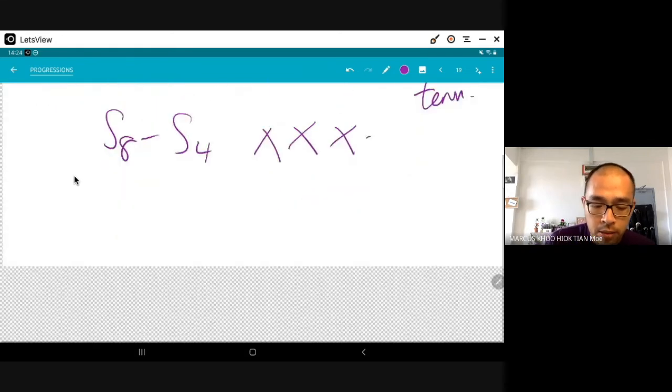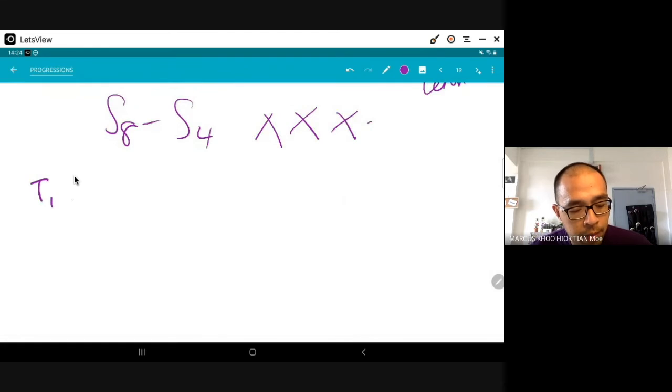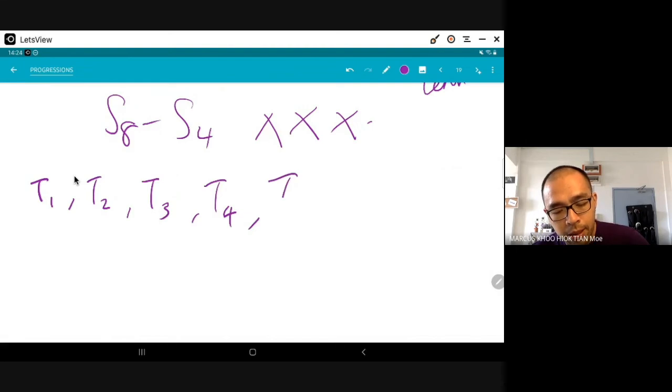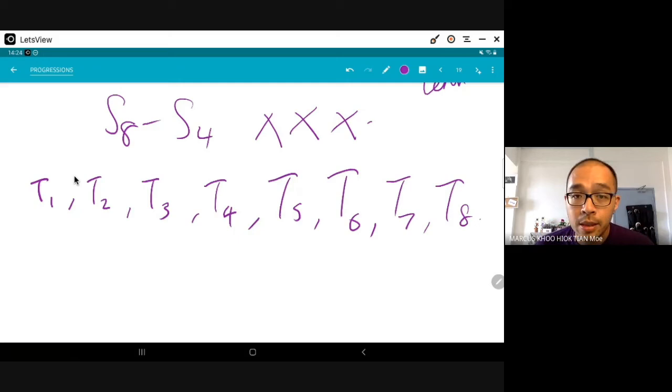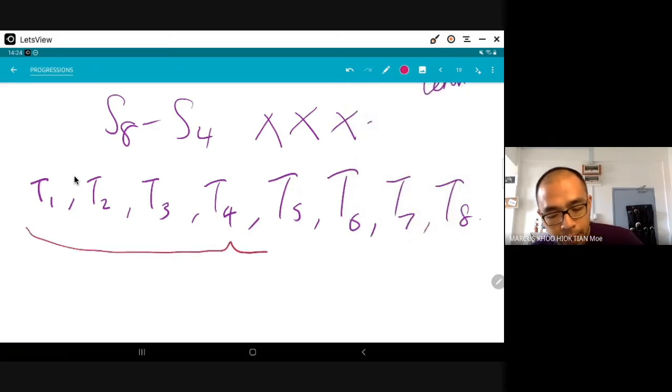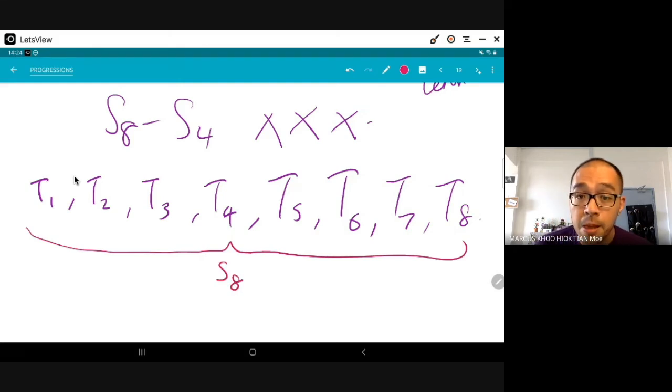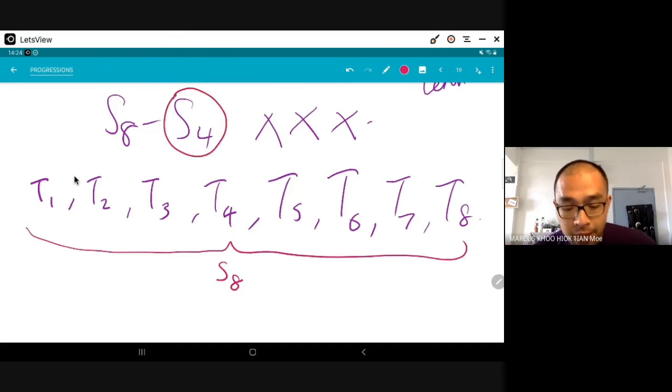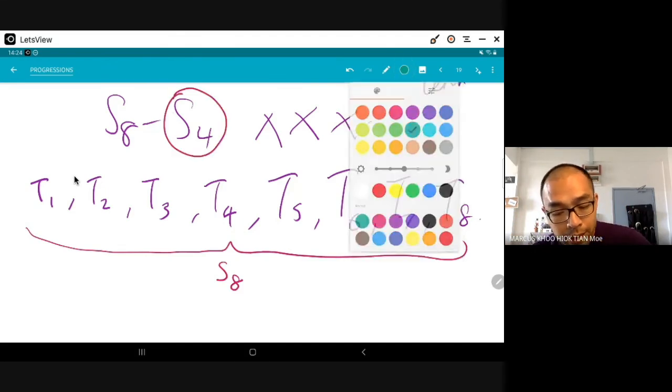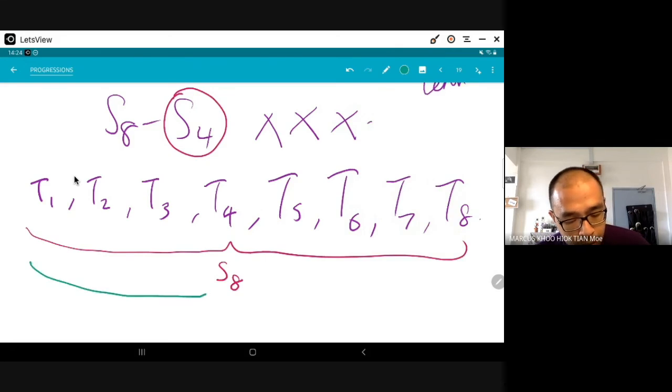Saya tunjukkan. Tempat pertama, tempat kedua, tempat ketiga, tempat keempat, tempat kelima, tempat keenam, tempat ketujuh, tempat ke-8. Now S8 adalah dari pertama sampai ke-8. Kita jumlahkan dari pertama sampai ke-8. Then kalau kamu pakai S4, it is jumlah daripada yang first sampai ke-4.